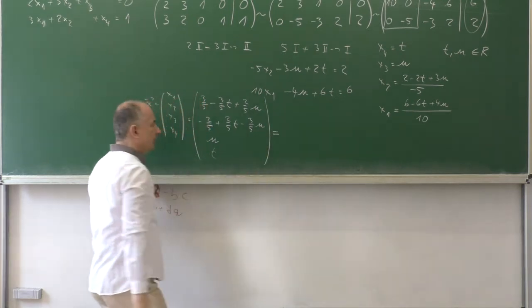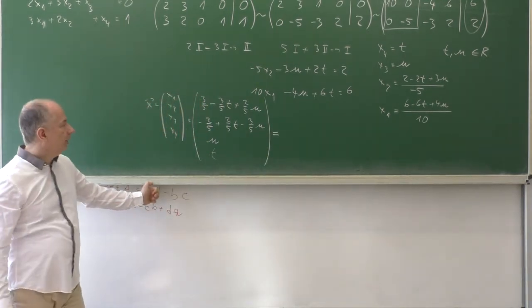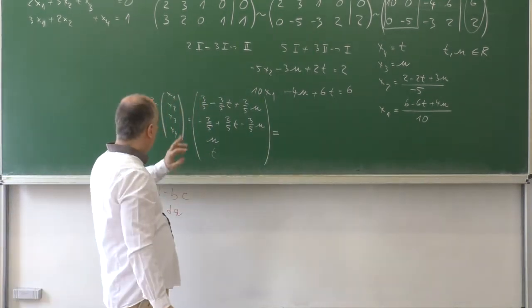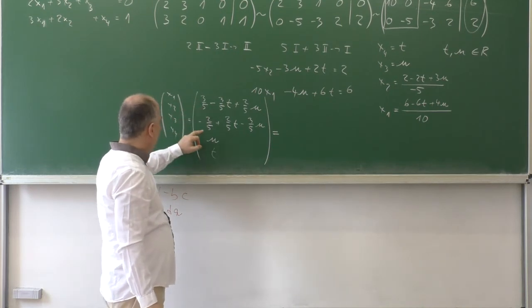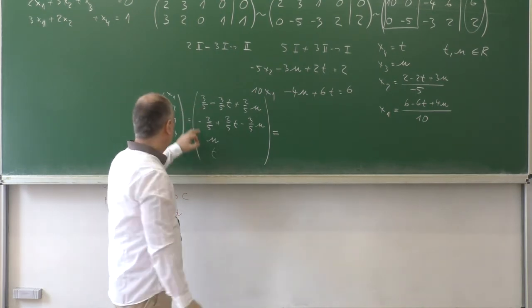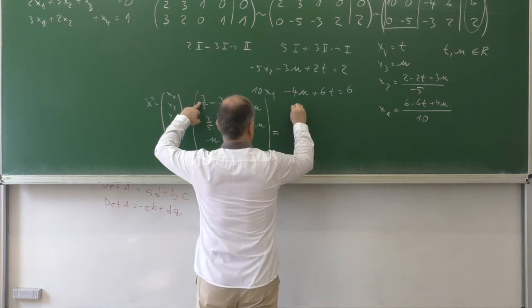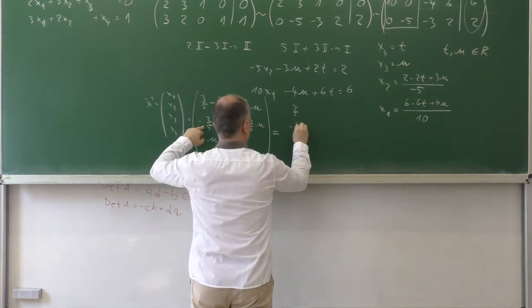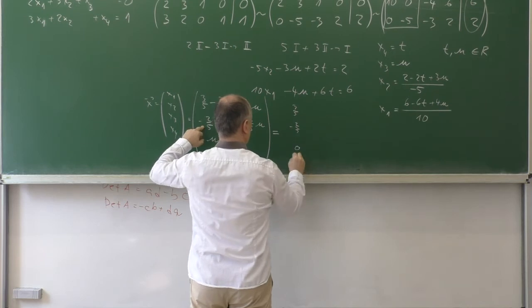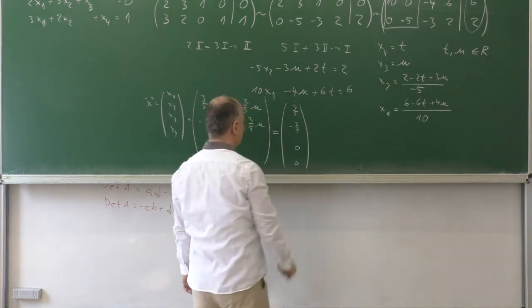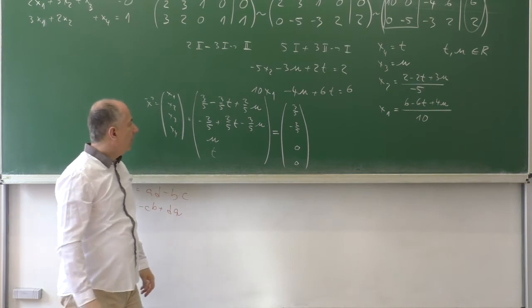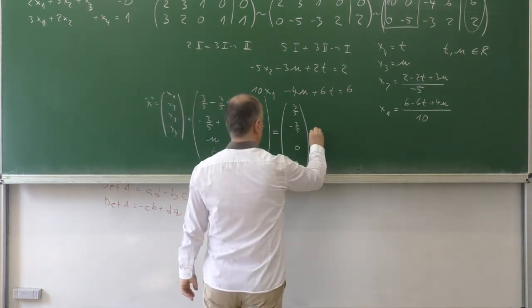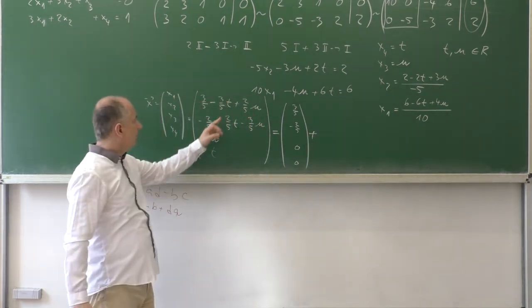And this can be still reformulated by first writing the absolute terms with no parameter. This is 3 over 5, minus 2 over 5, 0, 0, plus, and now consider the terms with t.